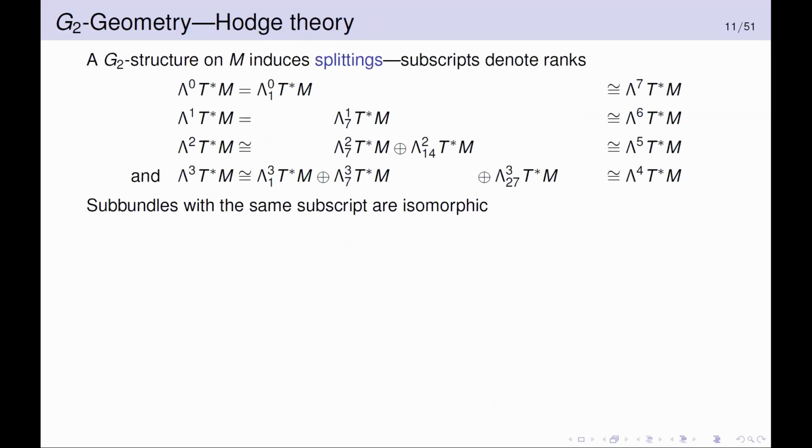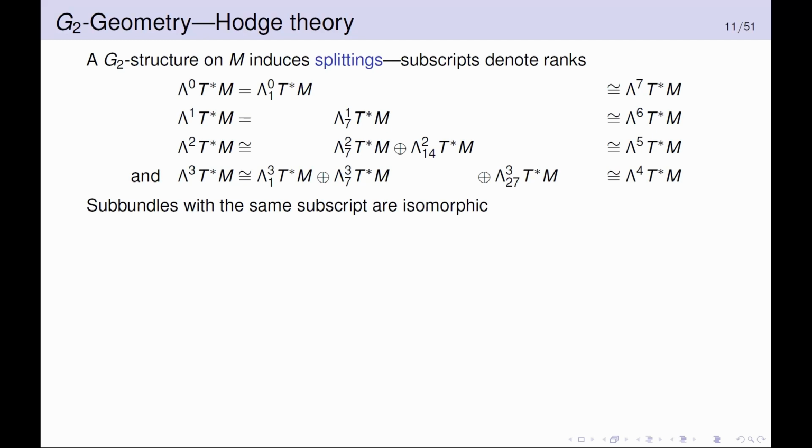Now let's see what other structures we might have on a G2 manifold. So the G2 structure induces splittings of the exterior algebra. Nothing interesting happens in degree 0 and 1, but in degree 2, you see there is a 7-dimensional component of the 2-forms and a 14-dimensional component.